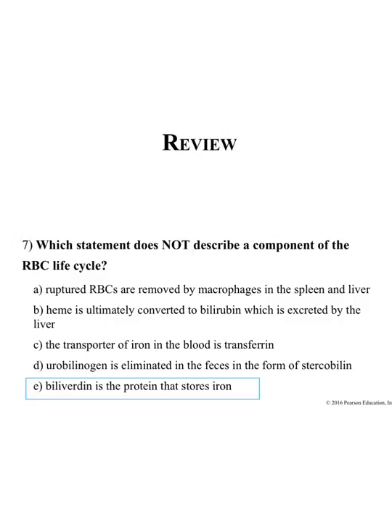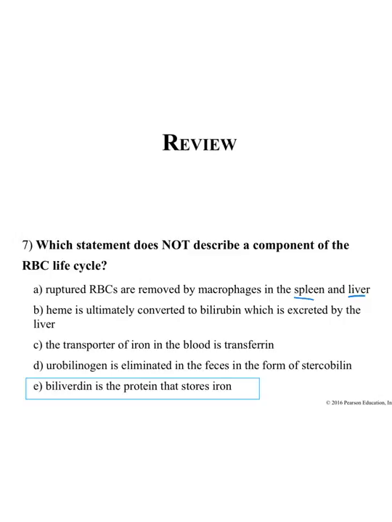Which statement does not describe a component of the red blood cell life cycle? So we're basically talking about what happens when we break it down and recycle the components. Ruptured red blood cells are removed by macrophages. That is true. The organs primarily responsible for that are the spleen and the liver.